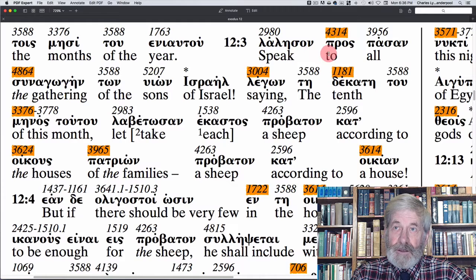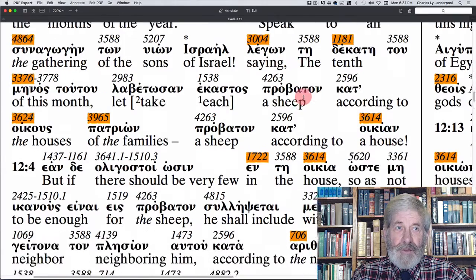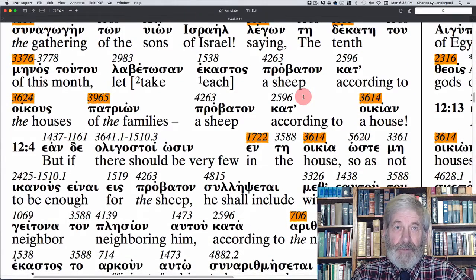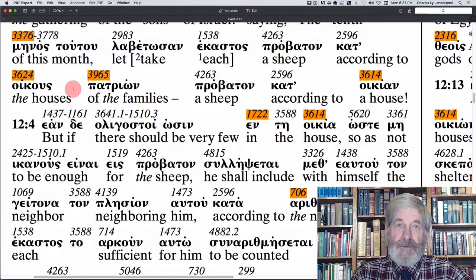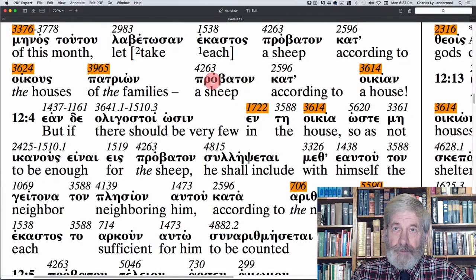Then he says, speak to all the synagogue, the gathering of the sons of Israel. And in the imperative, speak to them, talk to them, and saying that the 10th of this month, the first month, let each take a provaton according to the houses of the families, a provaton according to a house.